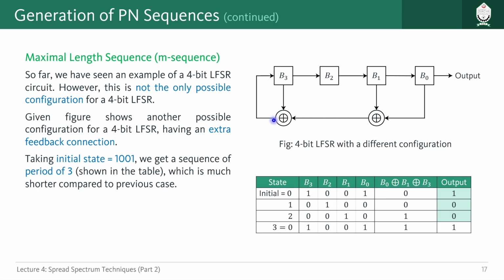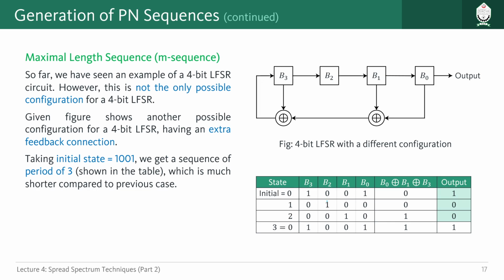Because we have 2 XOR gates here. So here B1 and B0 are going to this XOR gate. That result will go here, and B3 will be coming here. That means the whole result is B0 XOR B1 XOR B3, right?